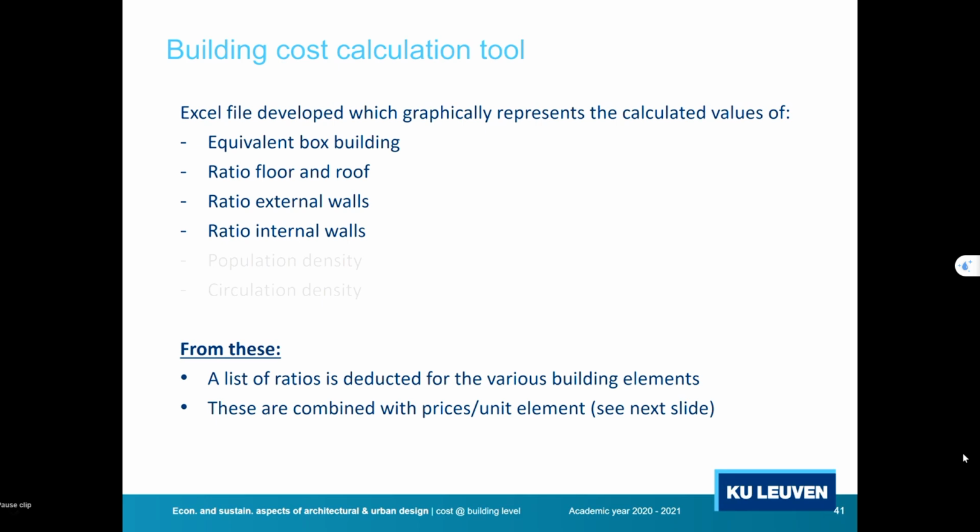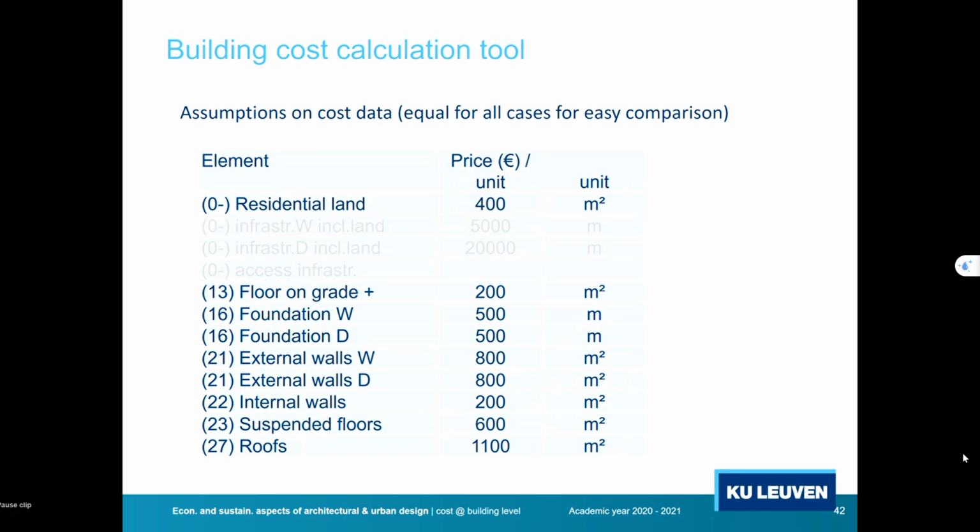And by then combining these with the prices per unit of element, we will calculate the cost of the building. So at the end, we will use fixed prices for all of you for each of the elements that occur in the building.